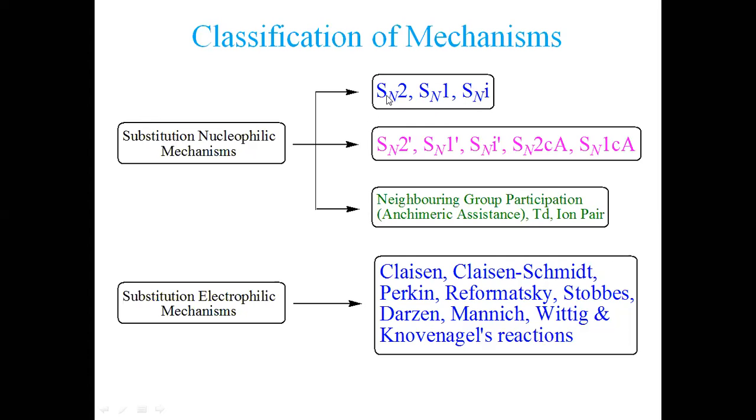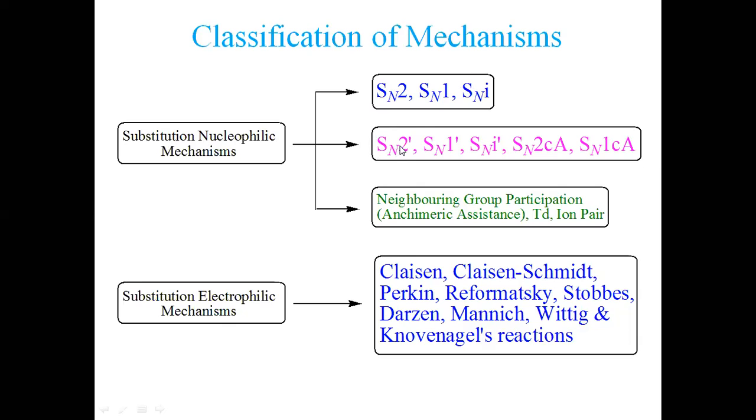These are the abbreviations. SN stands for substitution nucleophilic. SN2 is substitution nucleophilic bimolecular. These two show the molecularity, meaning the order of reaction. So SN2 means substitution nucleophilic bimolecular, SN1 substitution nucleophilic unimolecular. SNi is substitution nucleophilic internal. This is entirely different. So these are the three.